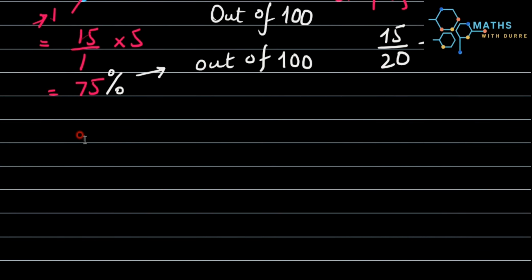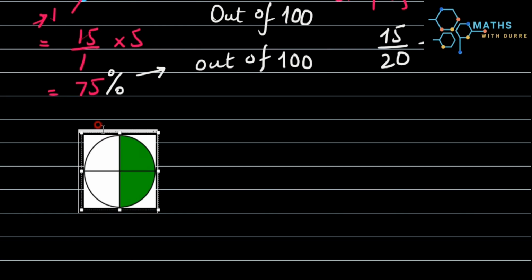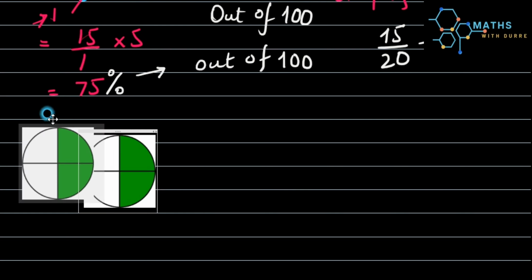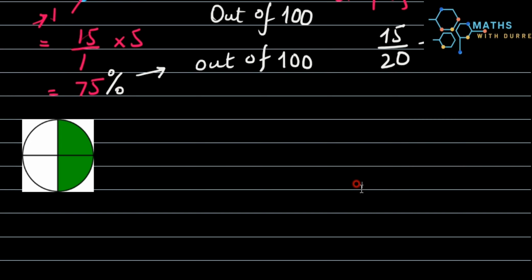So let's have another example. Suppose I have a shape. So how can I find its percentage? Suppose I have to calculate the percentage of the shaded part. So what are the steps? I told you, at step 1, you have to write a fraction.